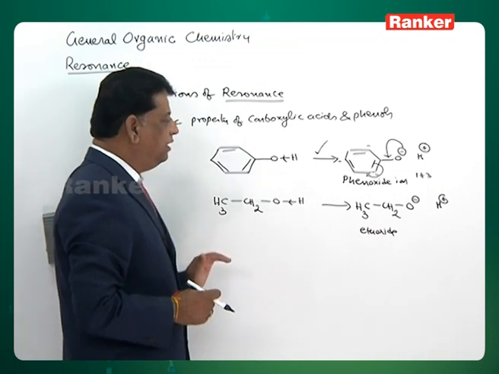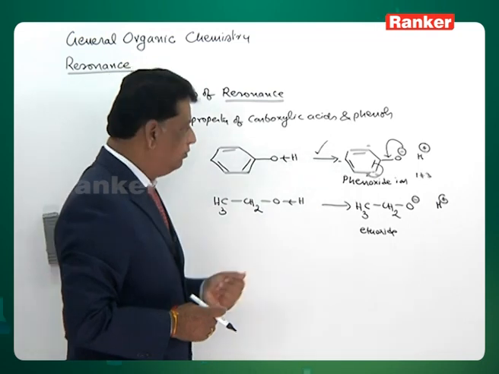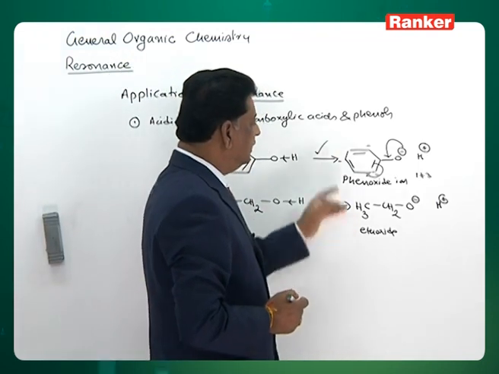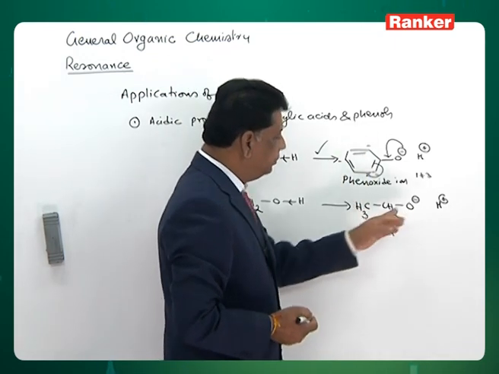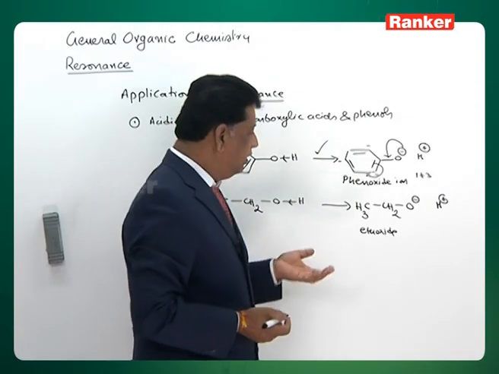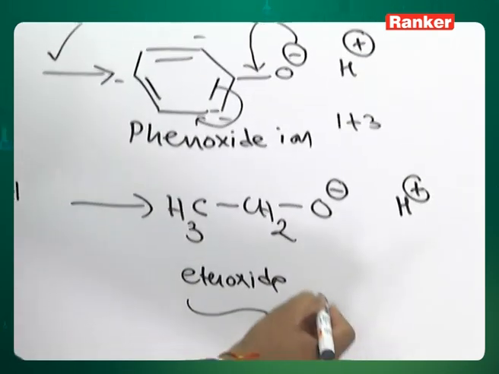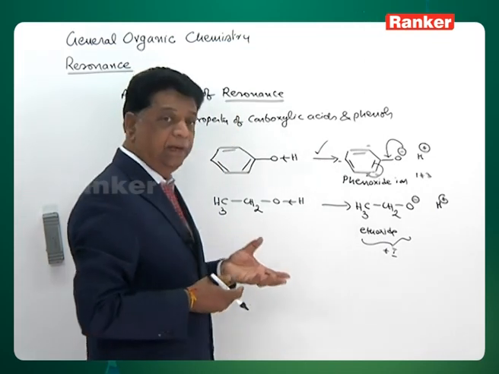But in ethanol, oxygen is also pulling, so it may be liable to give a proton like this. But still, when you compare the two, phenoxide has resonance stability. Ethoxide has no resonance because a negative charge is there but there is no double bond. A negative charge alone cannot show resonance without a double bond. And moreover, the alkyl group, as we have already examined, shows a plus I effect.